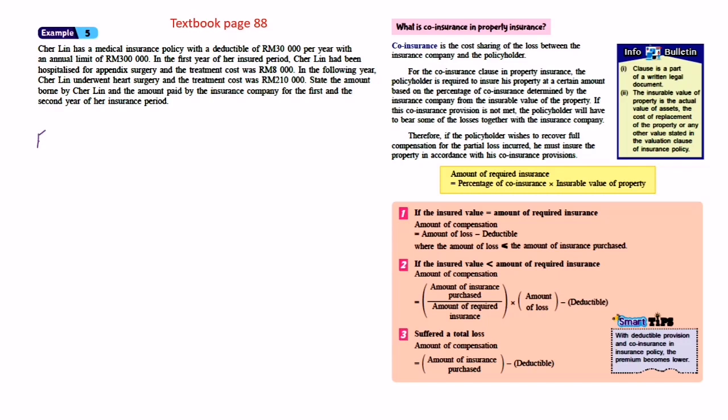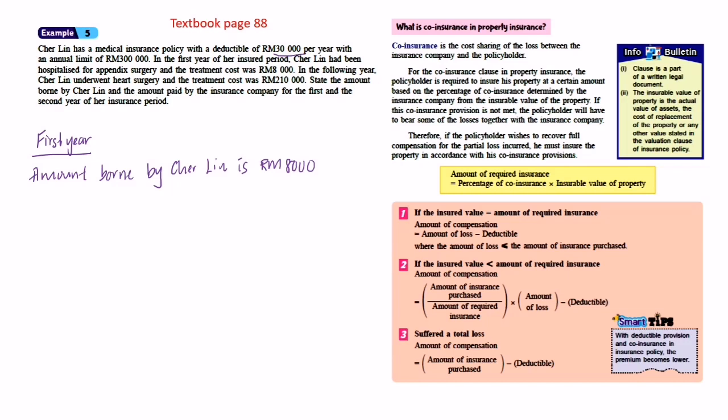For the first year, the cost is 8,000 ringgit. So the amount borne by Cherling is 8,000. The cost is less than the deductible amount, which is 30,000 per year.